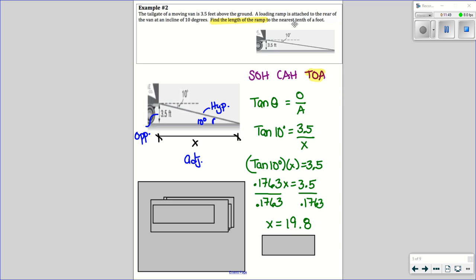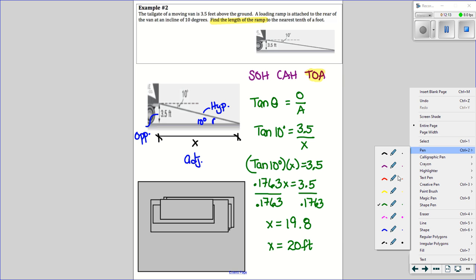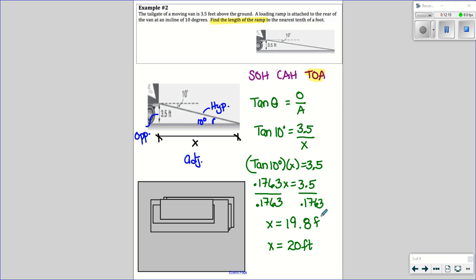Since we need to round it to the nearest tenth of a foot, it's going to be 19.8. But if they want you to round it to a foot, then it would be 20 feet. I just put the two values. But since we're rounding it to the nearest tenth of a foot, it would be 19.8 feet, which I should label. Again, you need your labels. So I'll put feet.